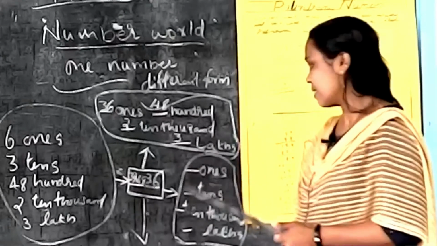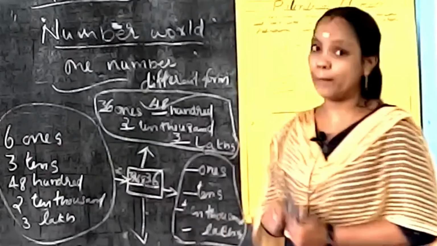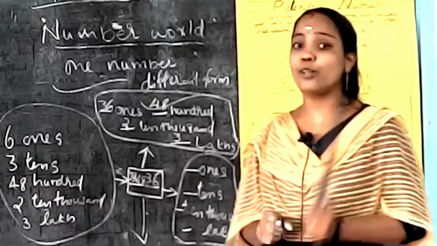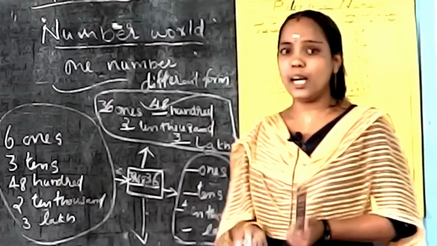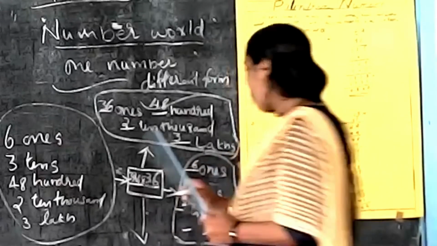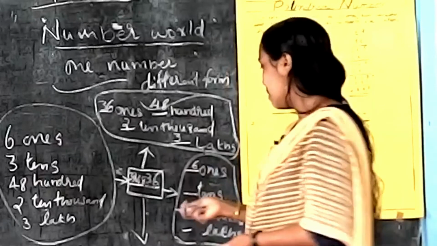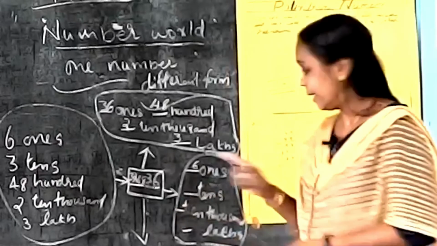Next one again. How many ones? Look at our number box. No need to look at the clue box. You got the number already? Look at our number. How many ones? 6 ones. How many tens? Here it didn't ask 100. That's why 100 and tens are written together, since it didn't ask the third box.